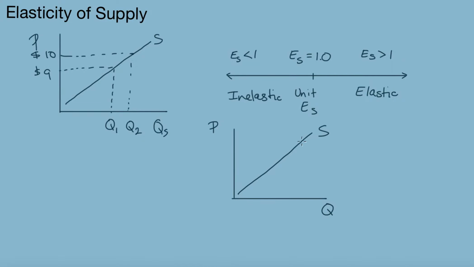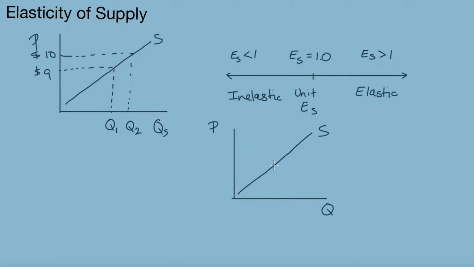If we look at one curve, we learned before that there's a point on that curve where it has unit elasticity, and there's a point of inelastic and elastic when we're looking at the demand curve. Well, the same thing holds for the elasticity of supply.